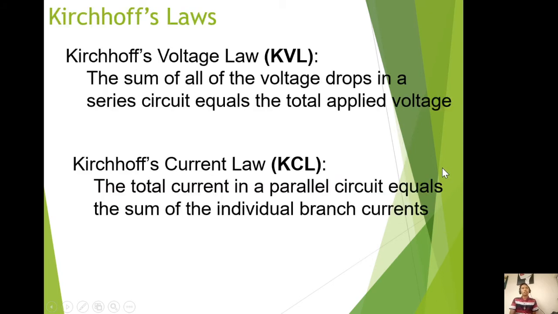Okay, so Kirchhoff's law. Kirchhoff's law has two types, KCL and KVL. In KVL, Kirchhoff's voltage law, the sum of all the voltage drops in a series circuit equals the total applied voltage.